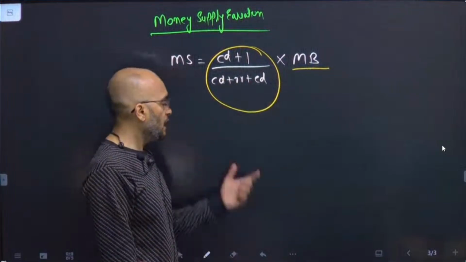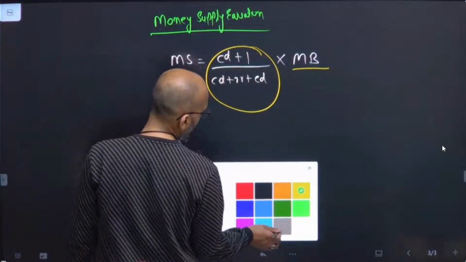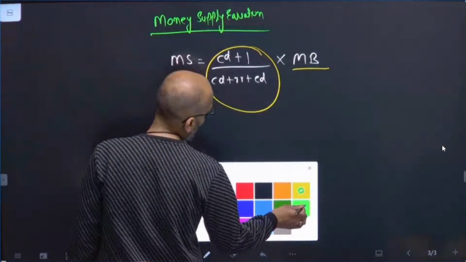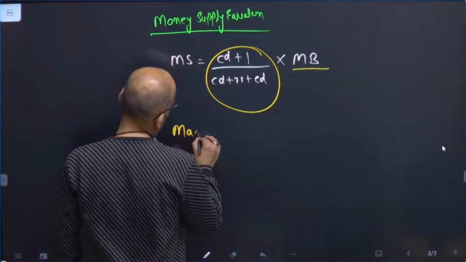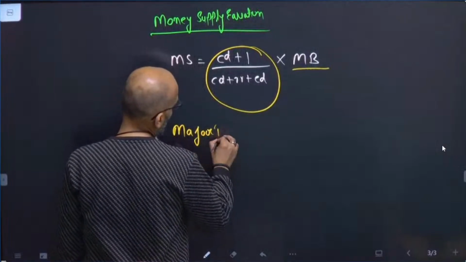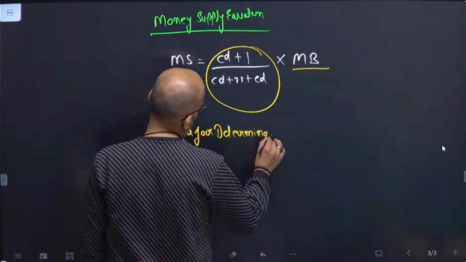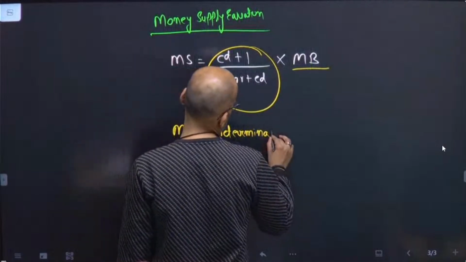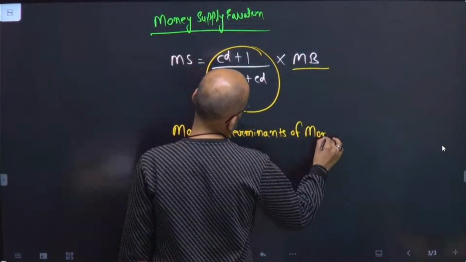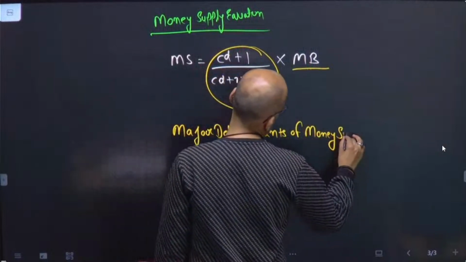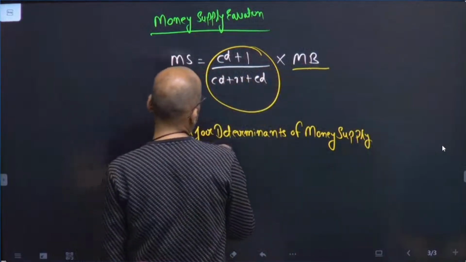Okay. And from this equation, we can also derive the determinants of money supply. So major determinants of money supply.